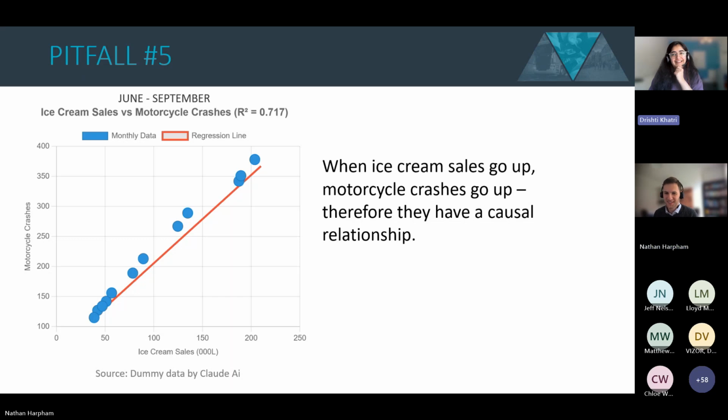Yeah, that's right, Dan. It's spurious correlation. Yeah, good spot, Paul. Both are caused by another factor. Both increase in the summer. Yes, temperature is the factor that both are influenced by. Oh yeah, good example, Paul.